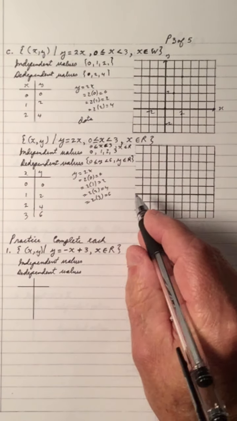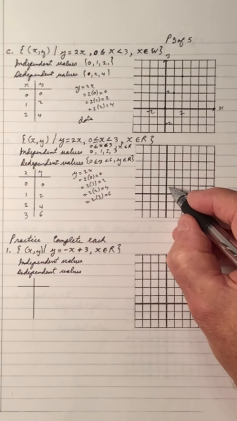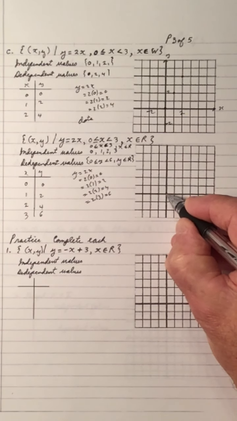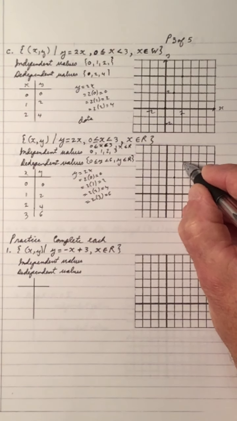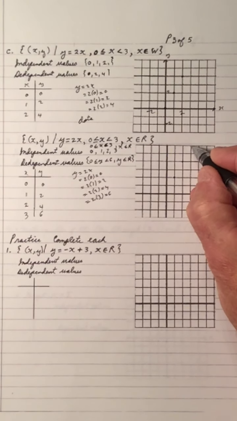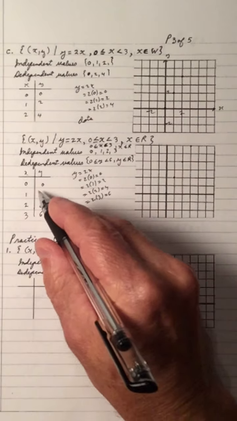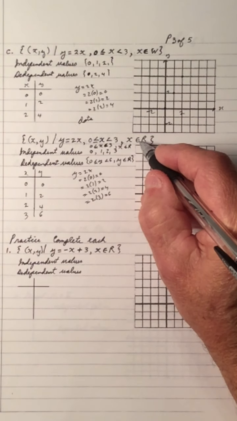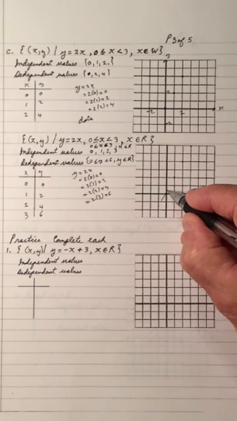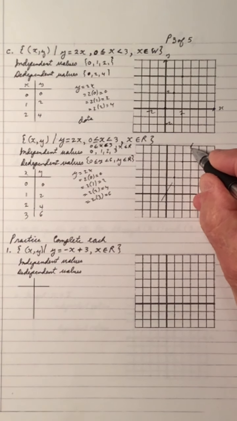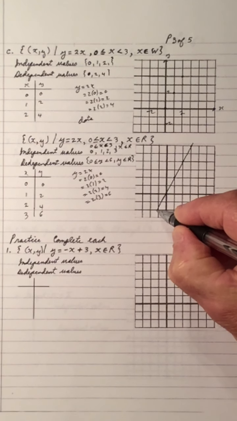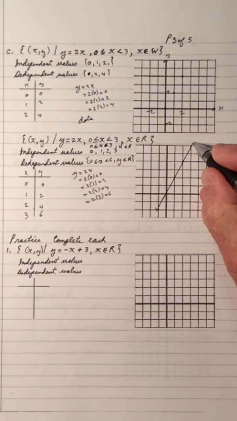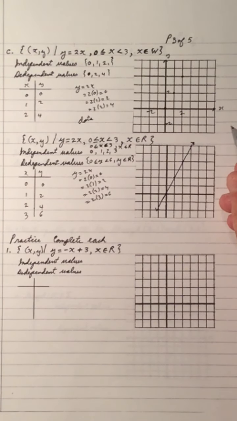And the only difference is that I shade in everything as before, dots. You always have the graph here in terms of using your dots. 3 gives you 6. But when you get your individual points done, because this is reals, you have to shade in all the points on this line. Because it's real numbers, you have to do a shading. You have to do an official shaded line.